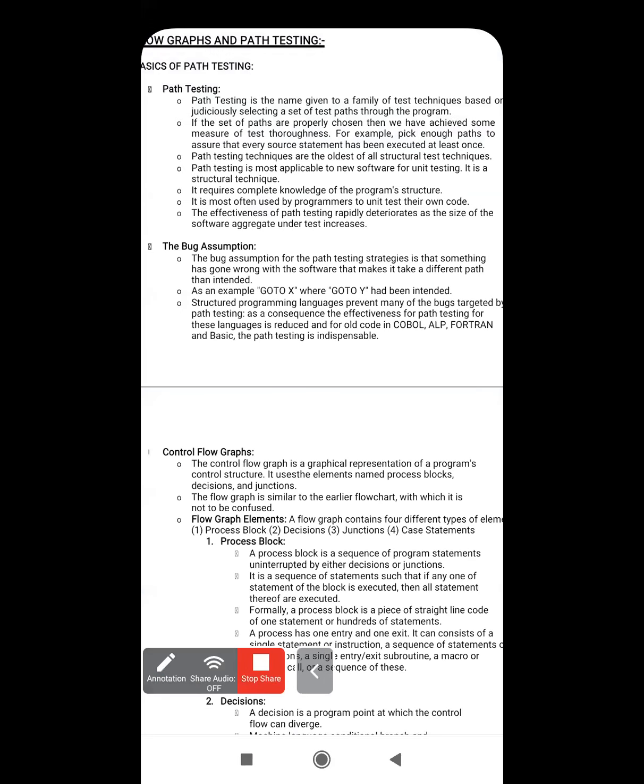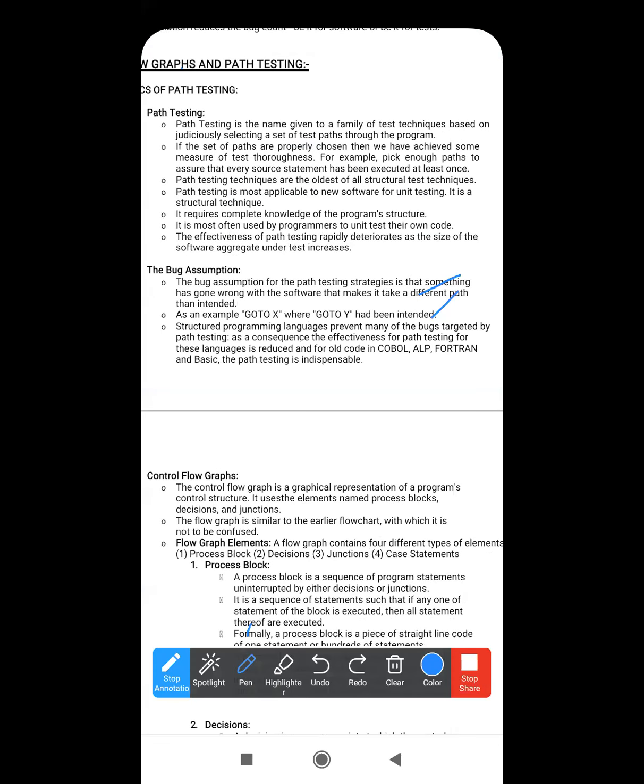Go to X where go to Y has been intended. Next, structured programming languages prevented many of the bugs targeted by the path tests. We have some old programs in other programming languages.